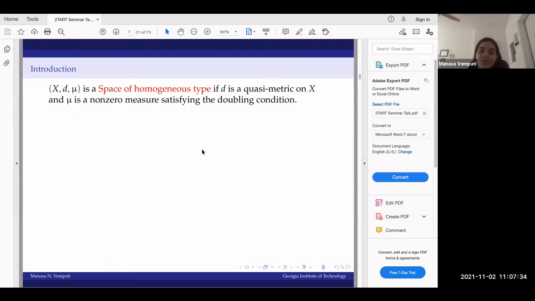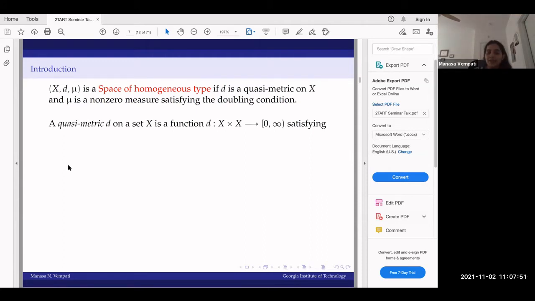So we say the triple (X, d, mu) is a space of homogeneous type if d is a quasi-metric on X and mu is a non-zero measure satisfying the doubling condition. Let me define what the quasi-metric on X is. A quasi-metric on X is a function that satisfies very similar properties to what a metric does on a metric space.